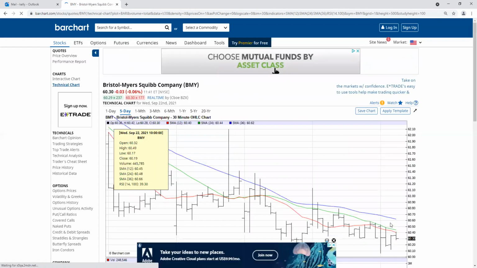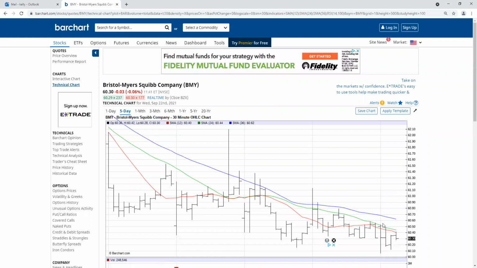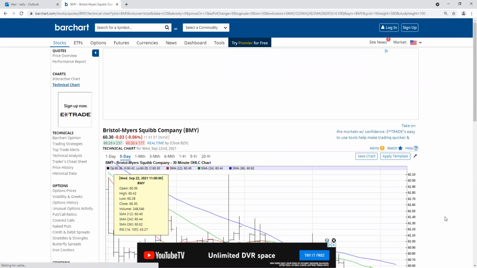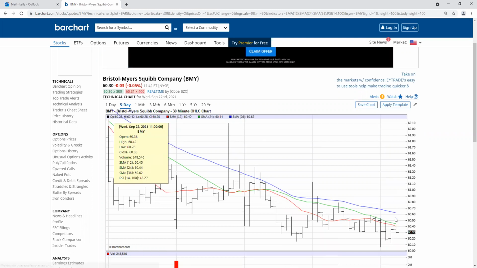So if this thing started trading above 61, and they're coming out with earnings, there could be people who are getting in front of the stock before the earnings report. So again, get it a little bit stronger and get these averages moving a little bit more to the upside. And maybe you could have a situation where the earnings might be a surprise to the upside. Otherwise, it looks like nobody wants to really be involved too heavily.